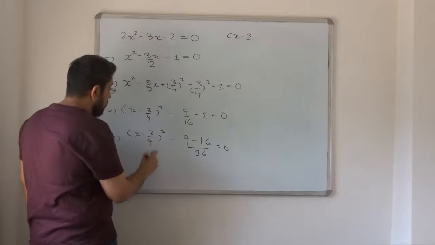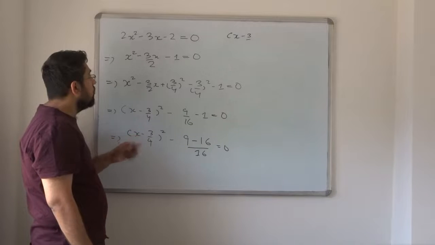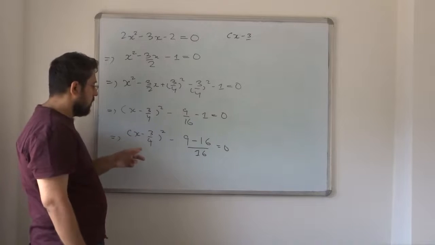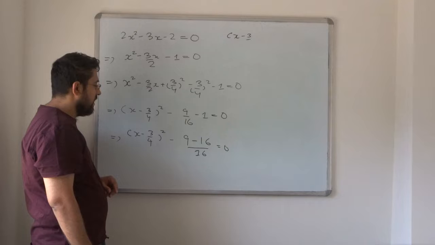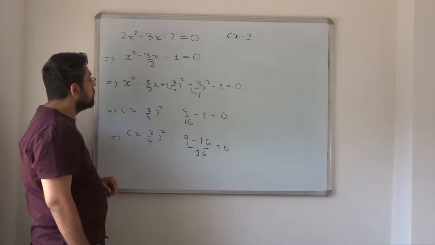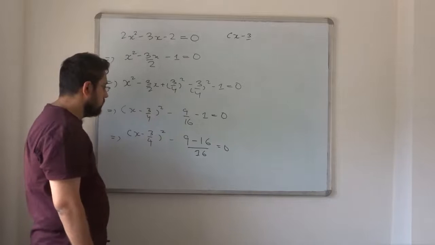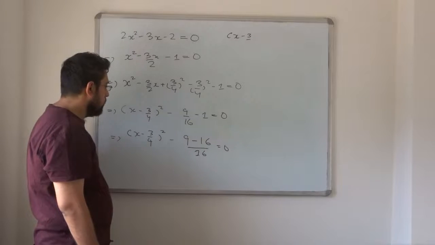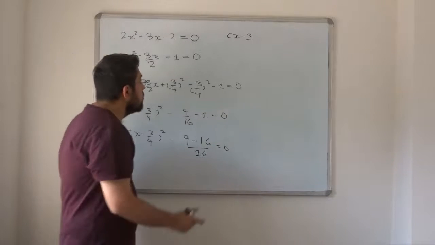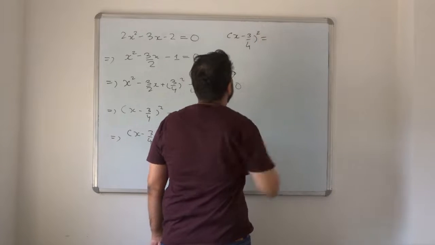Okay guys, I went too fast and I actually did it wrong. You're supposed to get 3 by 4. My apologies for that. So now you get 3 by 4 here, minus.